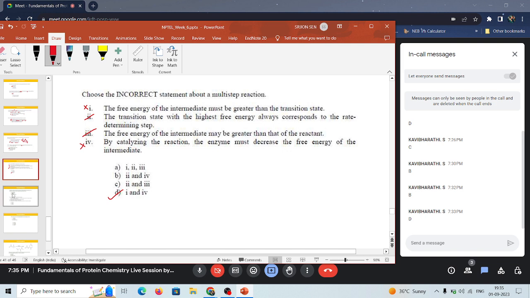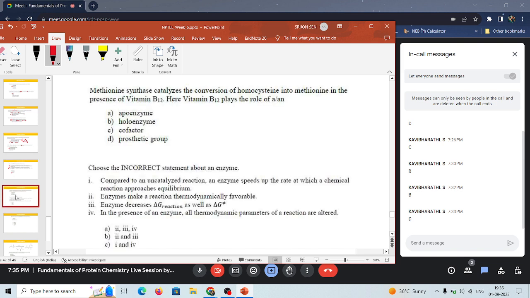Very good. Okay. The next one. Methionine synthase catalyzes the conversion of homocysteine into methionine in the presence of vitamin B12. So here vitamin B12 plays the role of an apoenzyme, holoenzyme, cofactor, prosthetic group.